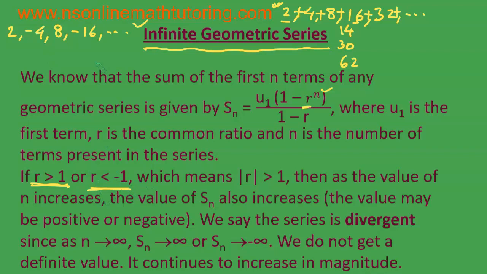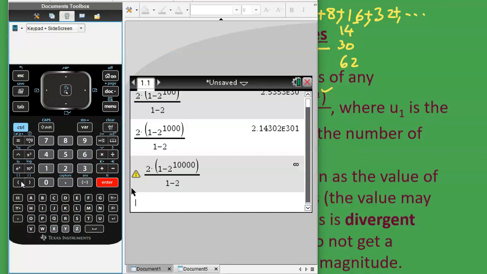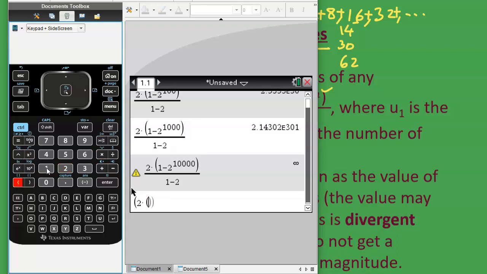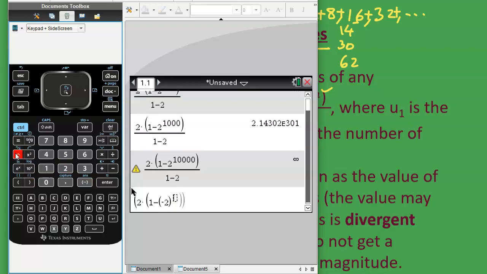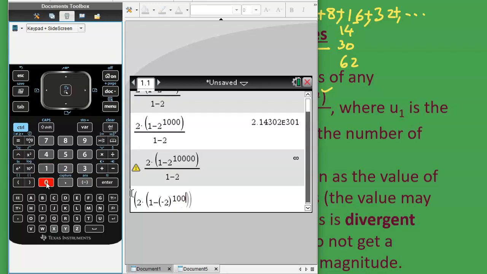Let's see what we get as the sum total of the first 100 terms for this particular infinite geometric sequence. So we start with 2 times 1 minus, this time the common ratio is negative 2, so it is negative 2 to the power of 100, divided by 1 minus negative 2.